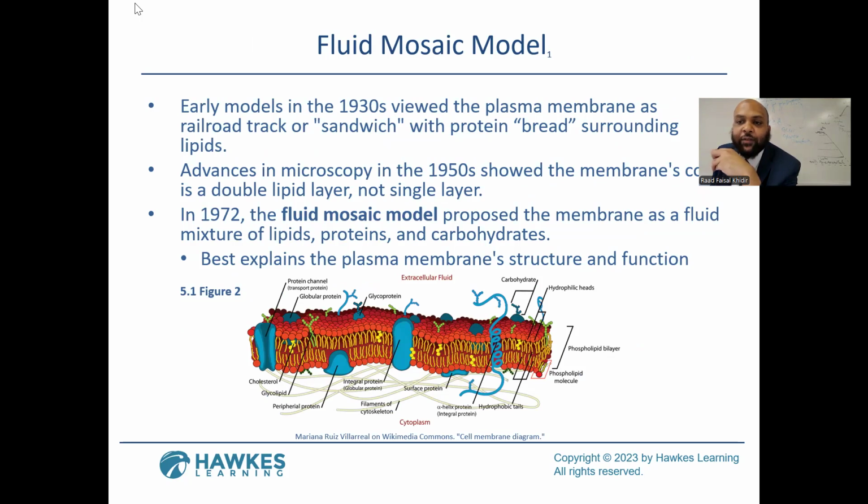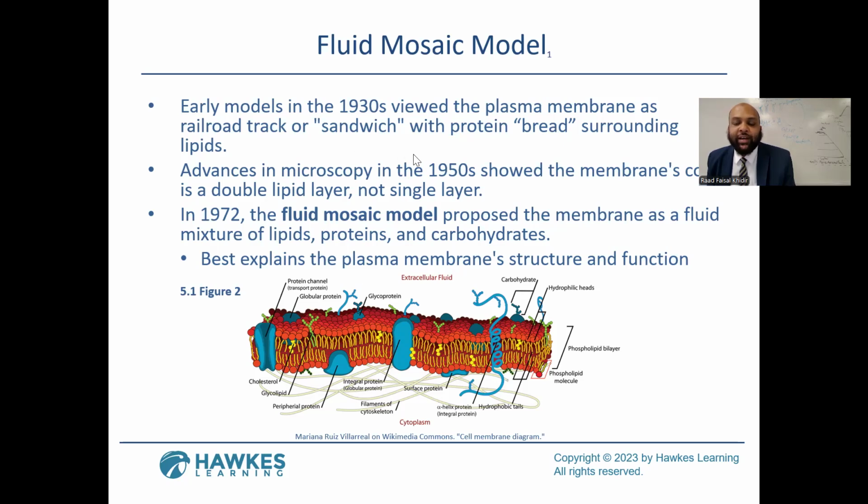This is known as the fluid mosaic model. That is a very important model to understand. Early models in the 1930s viewed the plasma membrane as a railroad track, or a sandwich with protein bread surrounding the lipids.